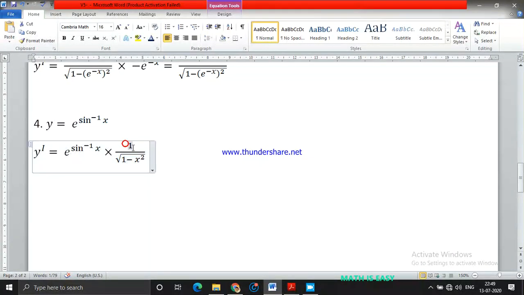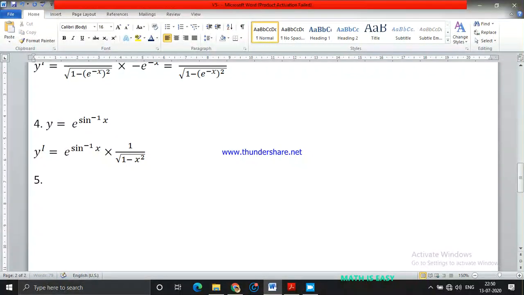So sin inverse x derivative is 1 upon under root 1 minus x square. But if in place of x, for example, I have x square, then the derivative of x square will again come, which is 2x. So that's how I have to extend my chain rule. Till I get x, my derivative will keep on extending.